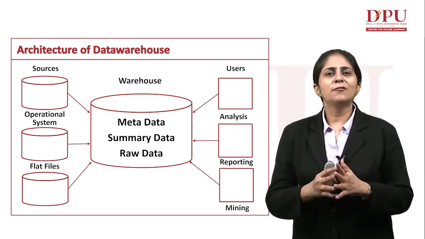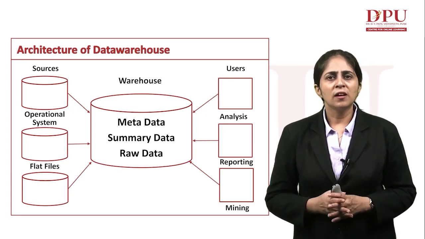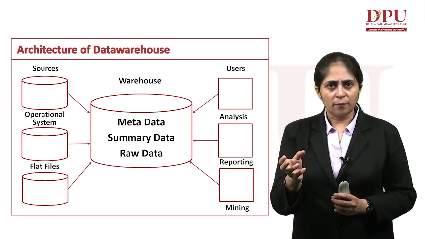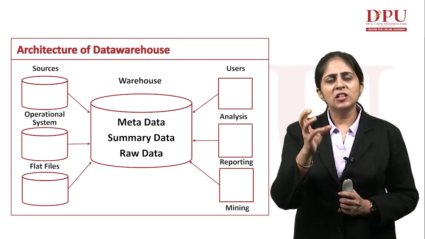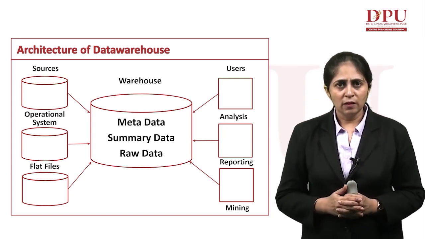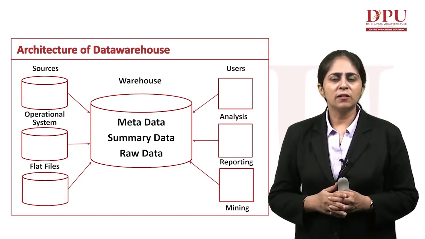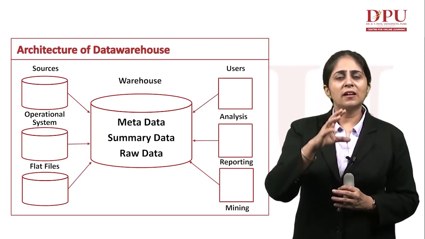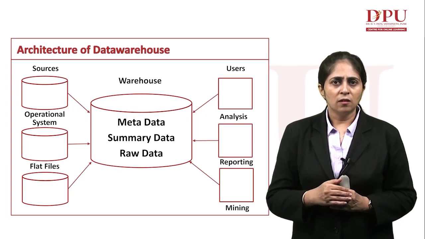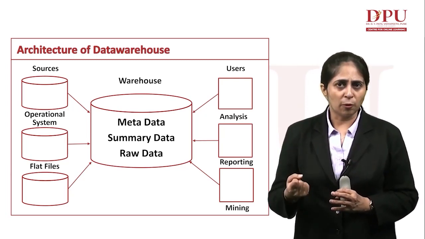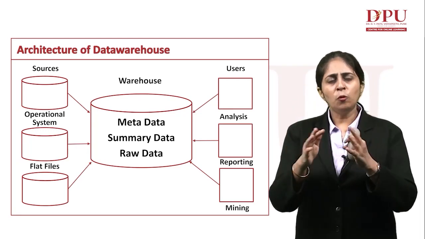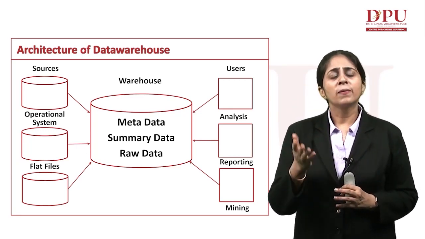Then we have our warehouse. In our warehouse, we can store some raw data. Now, using that raw data, we can achieve some summarized data too. Whatever raw data we have received, we need to summarize that data into a few points. And using that summarized data, the data can be retrieved from the warehouse. Now, there is one more part of it, that is metadata.